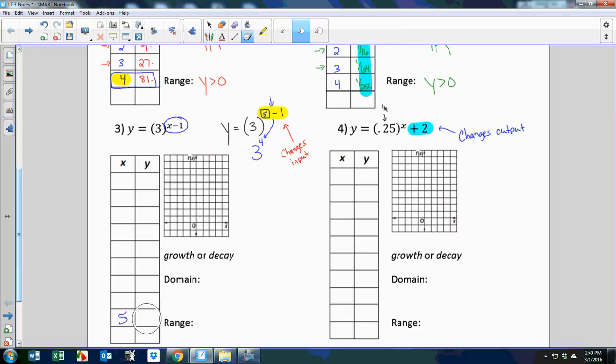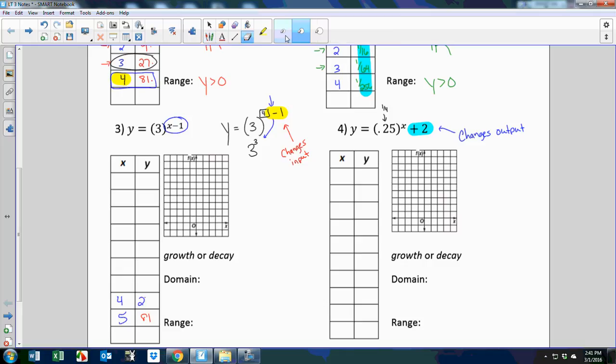Let's see, keep this color coordinated here. If we start thinking about the next input, trying to make (3, 27) happen: 3 cubed. To make 3 cubed happen, we'd have to put in an x value of 4. 4 minus 1 turns into 3 cubed, so we'll have x value 4 that gives us the answer 3 cubed, that gives us 27.